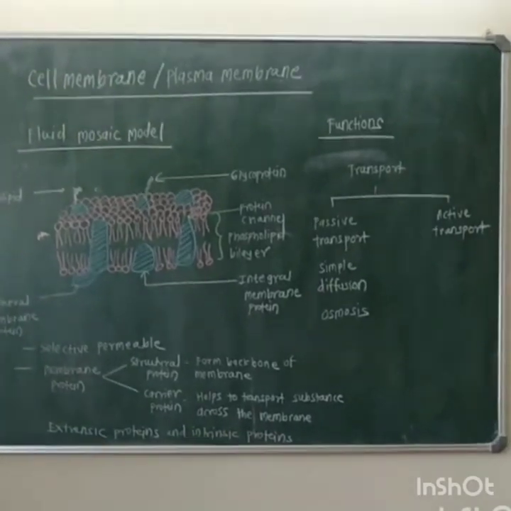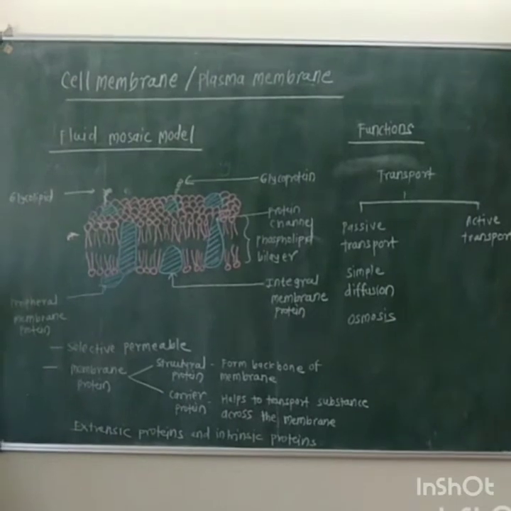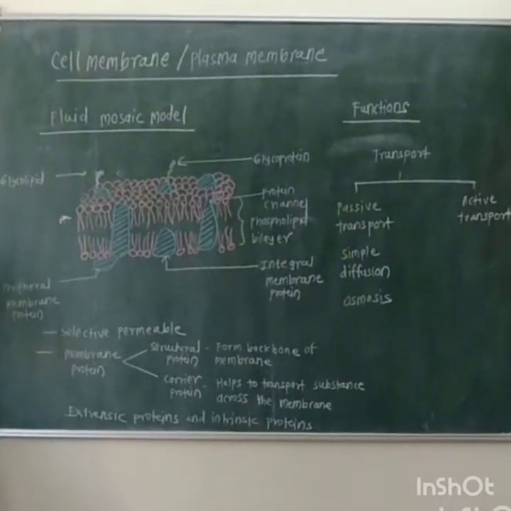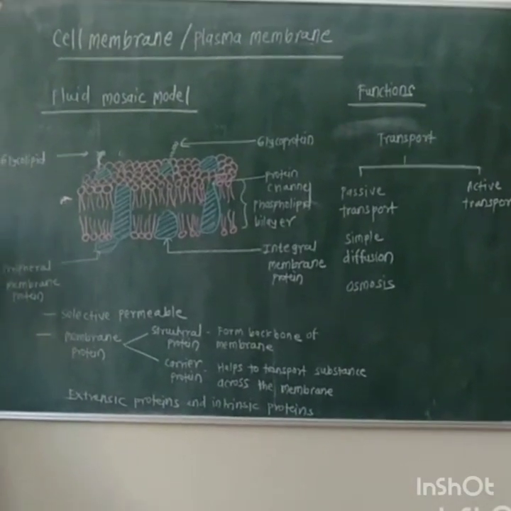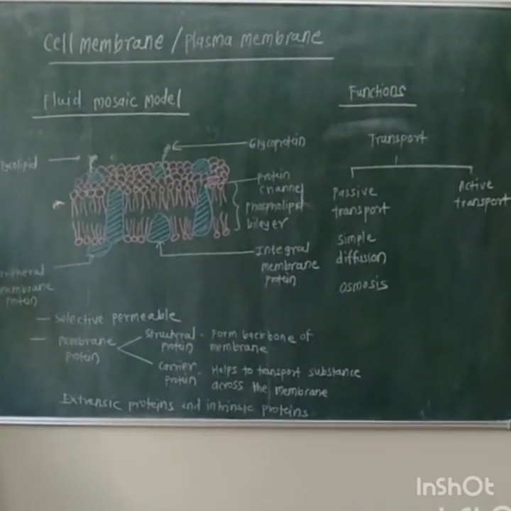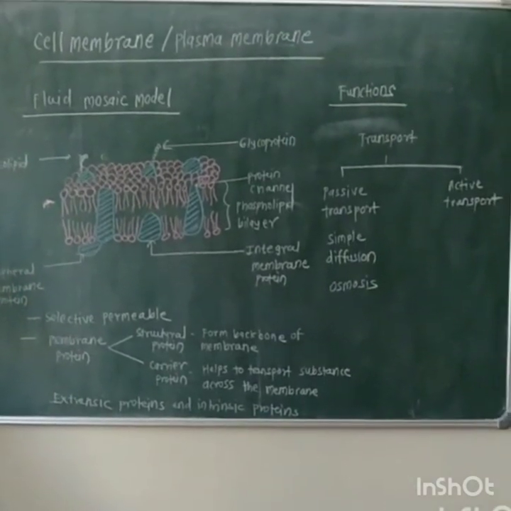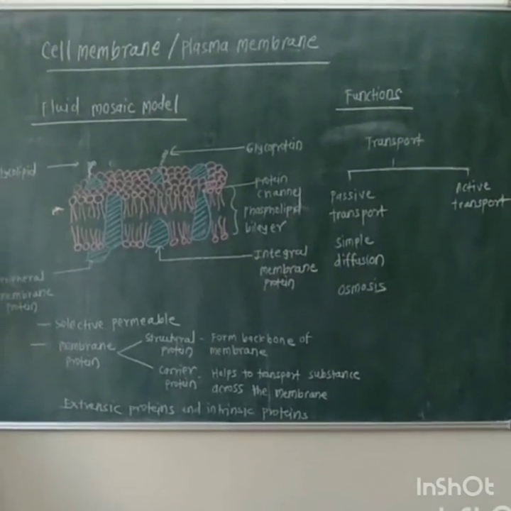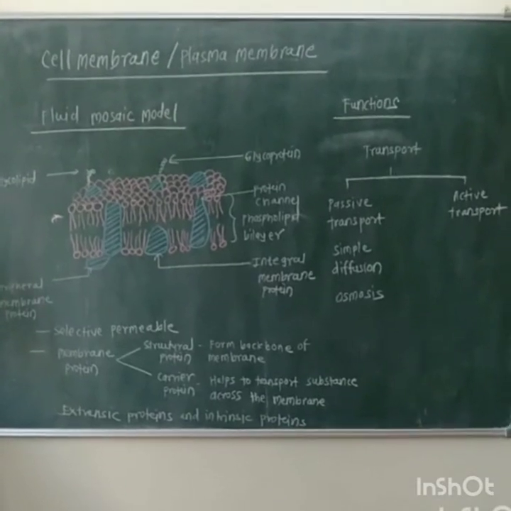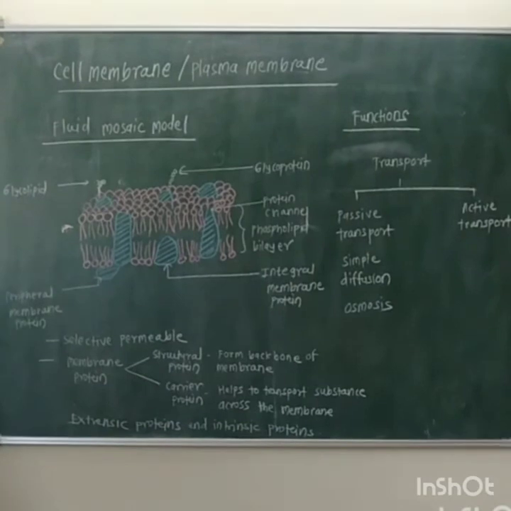Then certain substances can pass through by active transport. Active transport means few ions can move from lower concentration to higher concentration using ATP. ATP acts as the energy, ATP gives energy to transport these ions.